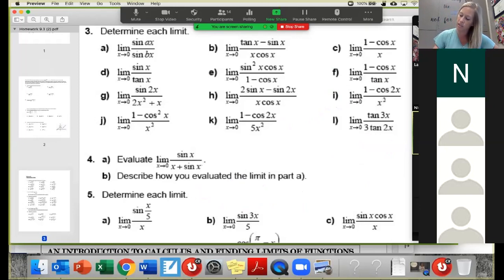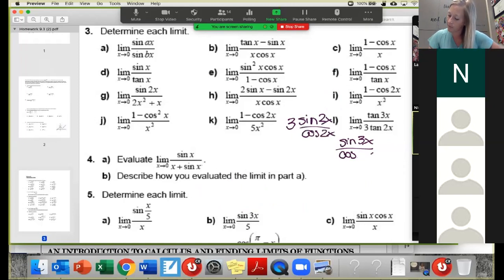L, tangents, I would always switch to sines over cosines. So let's make that sine over cosine, flip and multiply. That is going to be 3 sine of 2x over cosine of 2x. Oh, this one's going to be fun. Wait, that's a cosine of 3x here. I think I did this one already too. That's 3 over 1.